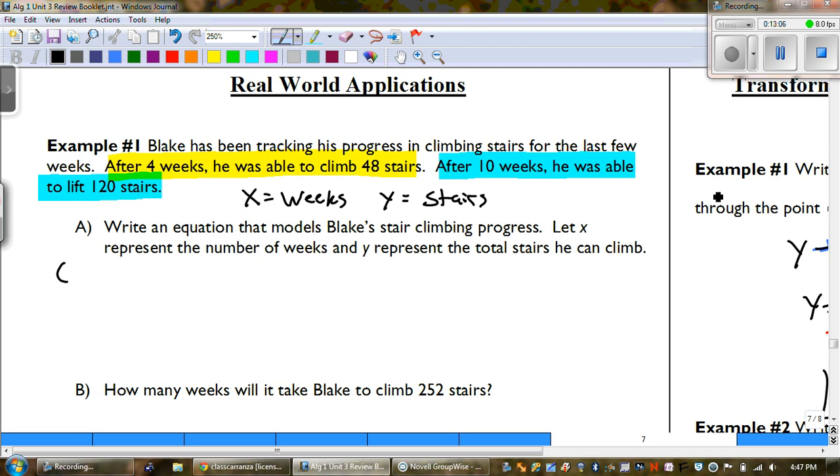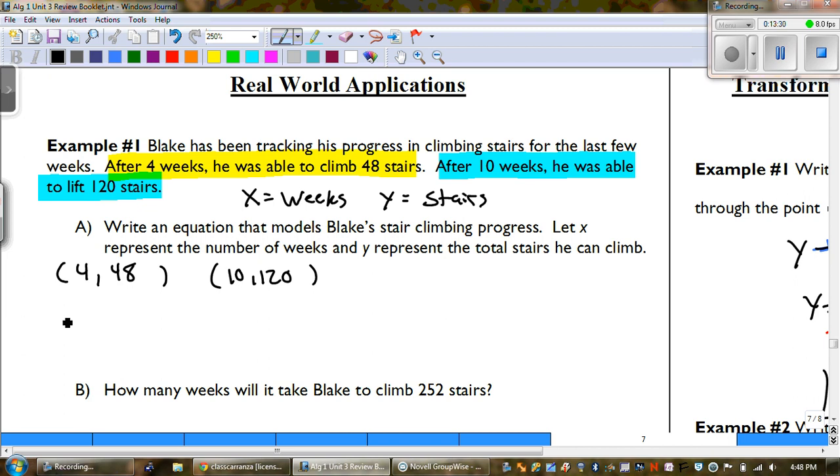Let x represent the number of weeks and y represent the total stairs he can climb. Well, there you go. There's your check right there. Okay, since they give us 2 points, in the yellow, we have the point 4, 48. In the blue, we have 10 and 120.